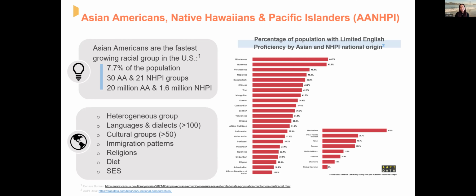This is integral to CARE. To improve research participation, we need more culturally and linguistically appropriate outreach and educational resources, so we can better recruit these individuals into our research studies.